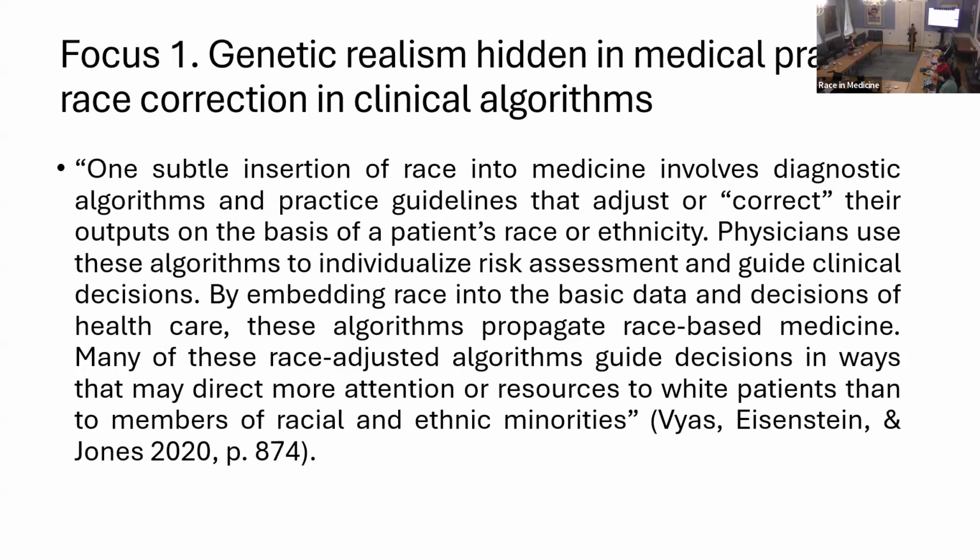So for all these reasons, these three assumptions are very problematic, and the genetic hypothesis is strongly undermined. But let's say where genetic realism can also be hidden. Genetic realism is also hidden in the race correction in clinical algorithms. Bias and colleagues in 2020 claim that one subtle insertion of race into medicine involves diagnostic algorithms and practice guidelines that adjust or correct their outputs on the basis of a patient's race or ethnicity.